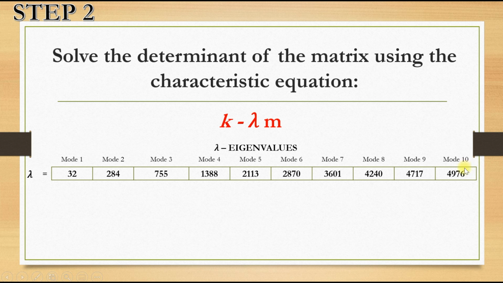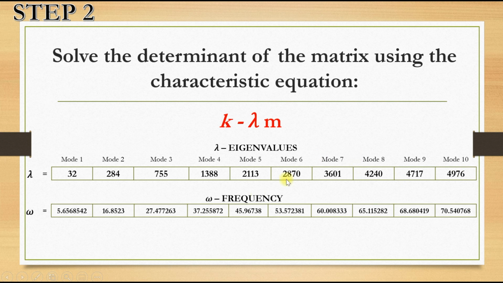So dito sa mode 10, magkakaroon tayo ng eigenvalue na 4,976. Next, dito naman sa frequency, makukuha natin yung frequency of each mode kapag i-square root natin yung eigenvalue ng corresponding mode niya. So kung yung eigenvalue ng mode 1, kapag i-square root natin yan, makukuha natin si frequency 1. So halimbawa, square root of 32.